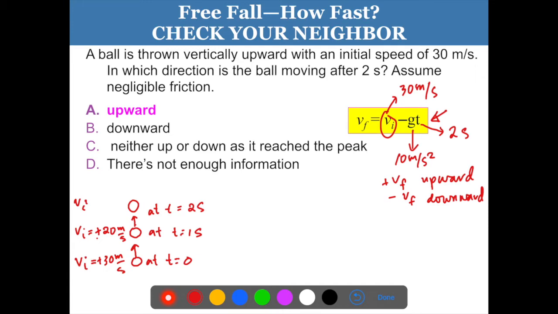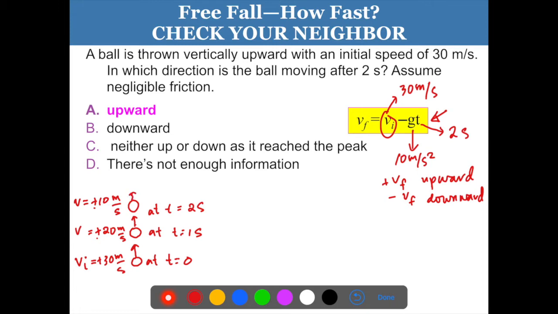So after 2 seconds, your velocity will be plus 10 meters per second. The speed has decreased by 10 meters per second because the ball is going up. The direction is still upward, so you have this positive sign for the velocity to indicate that the direction is upwards.